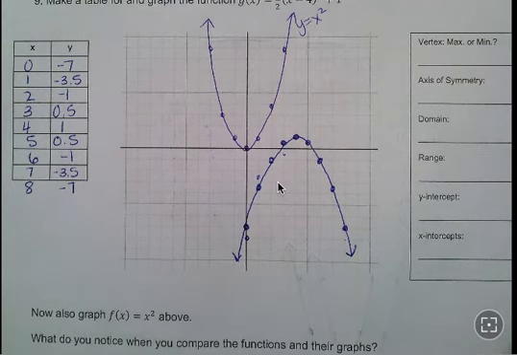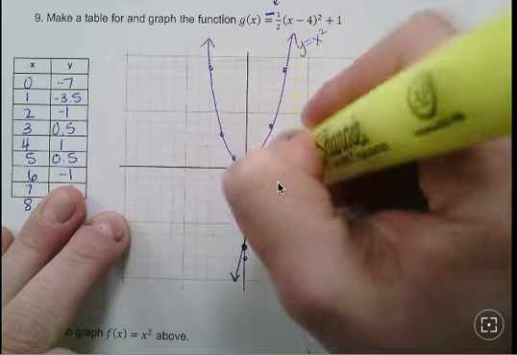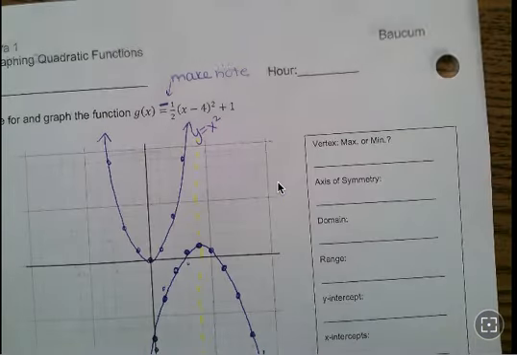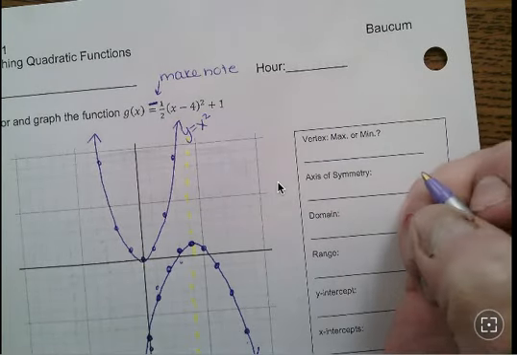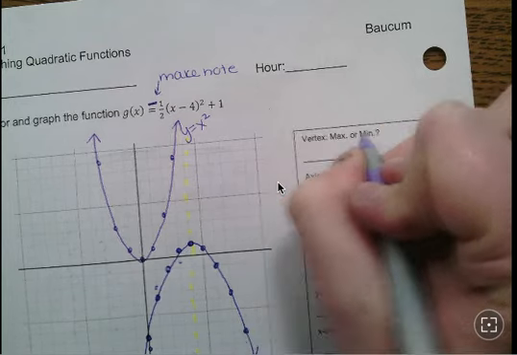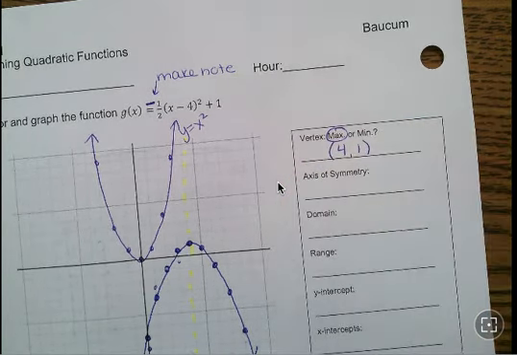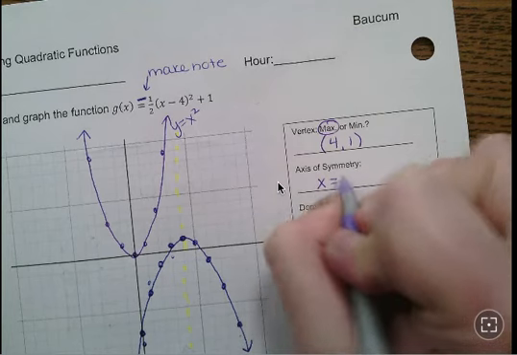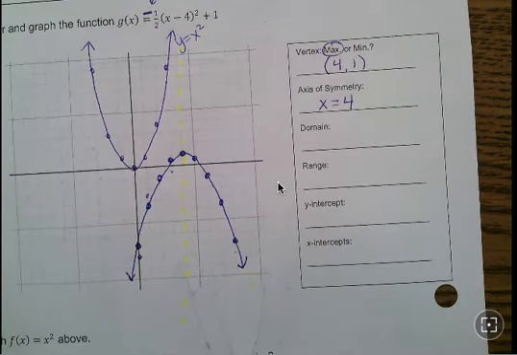Okay. So before we talk about what's happened, let's fill in our box over here. I'm going to draw my axis of symmetry just so I can see it. Okay. Now let's talk about this vertex here. The vertex is now a maximum, and it's at the point 4, 1. Okay? We've got an axis of symmetry, and that's at x is equal to 4. Okay?